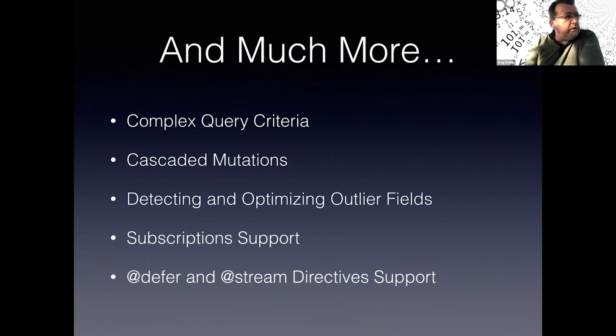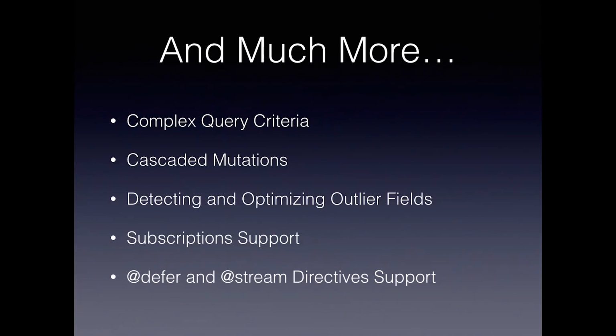Another thought that we want to explore is detecting and optimizing outlier fields. That means that we can shuffle fields around in the plan by introducing additional intermediate vertices and edges in such a way that we can place the edges that cost the most in different buckets, where the impact of that cost will be small compared to the impact of the other edges in the same buckets.